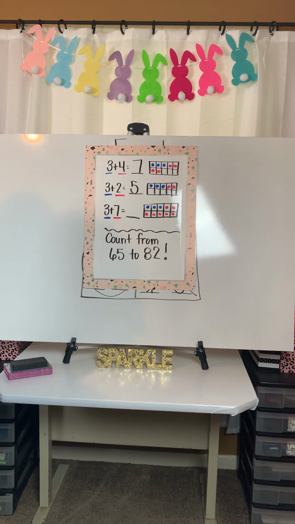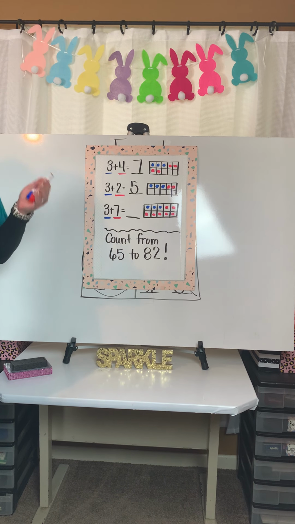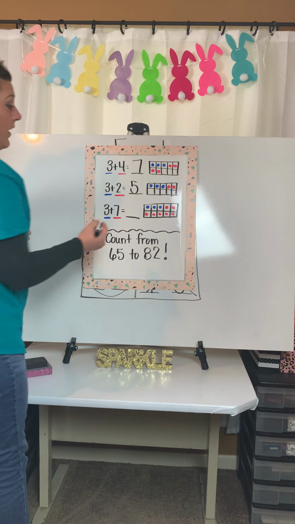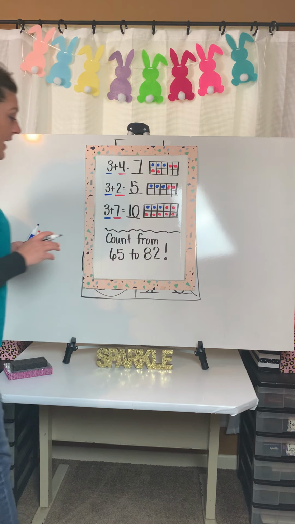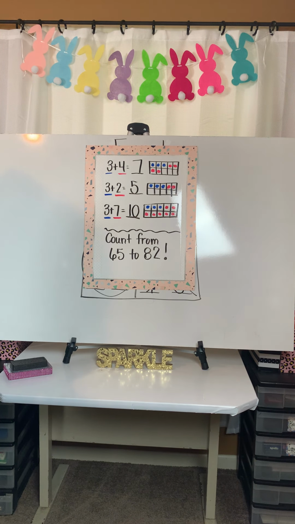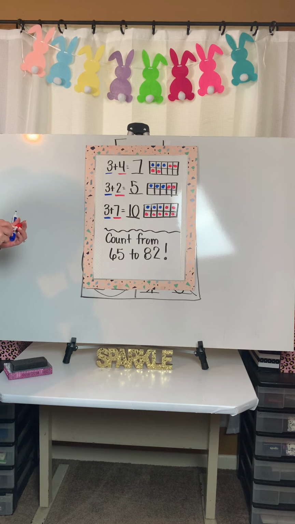So friends, I have a whole 10 frame covered with 3 plus 7. So how many is that? If I have one whole 10 frame covered, I know that I have exactly 10.